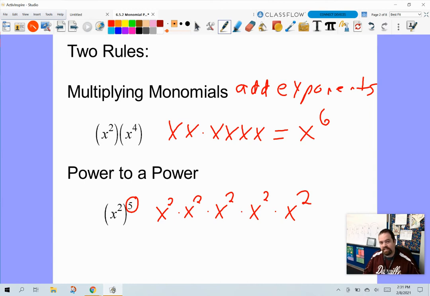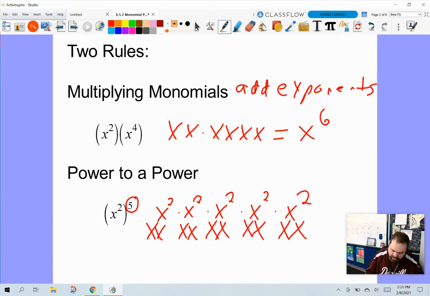Now each one of those x to the seconds is a pair of x's. So there's 2 x's here, 2 x's here, 2 x's here, 2 x's here, and finally 2 x's on the end. So again, you want to write this as one simplified expression with one exponent. I've got a total of 10 x's being multiplied together, so I can write that as x to the 10th power. So the rule was when you take a power to a power, you multiply exponents.